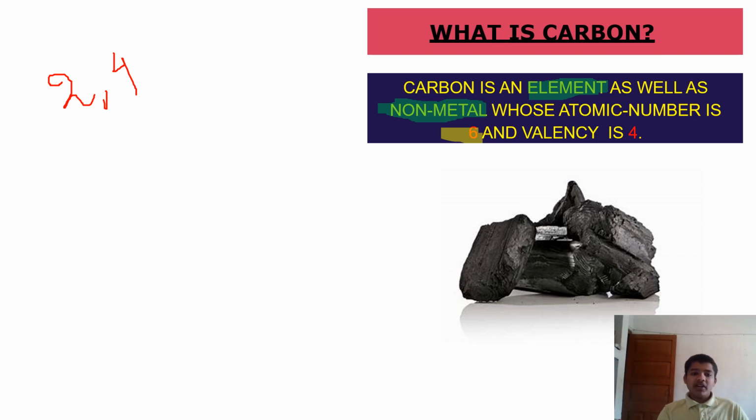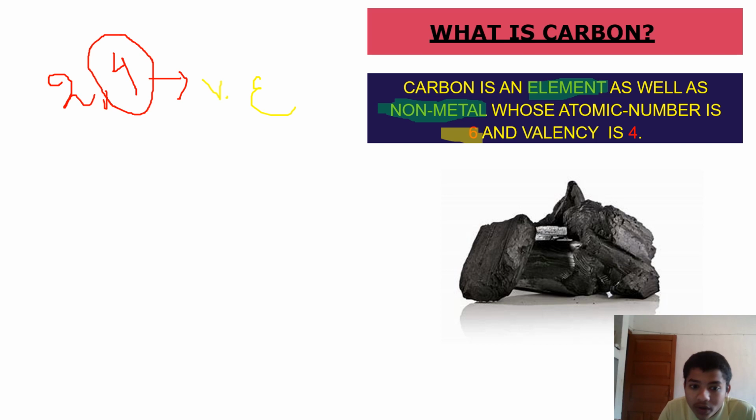Do you remember that the outermost shell of any electronic configuration is known as what? It is known as valence electrons. Clear?